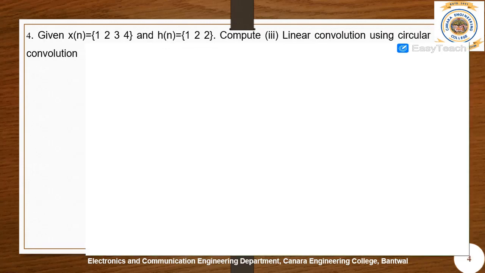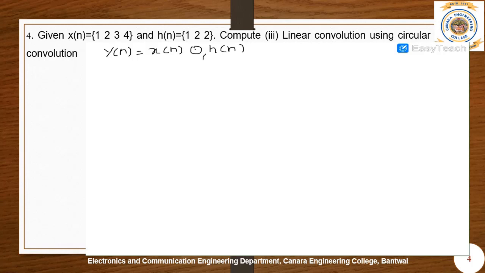So in this problem, we need to find out linear convolution values using circular convolution. So y of n is equal to x of n circular convolution with h of n. From the previous problem, we know that y of n should contain 6 values.